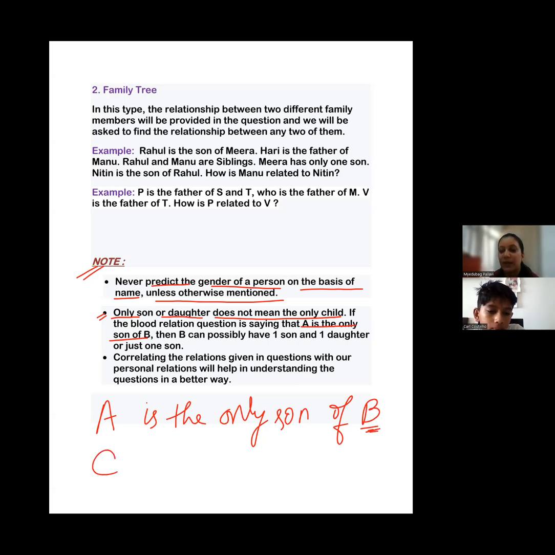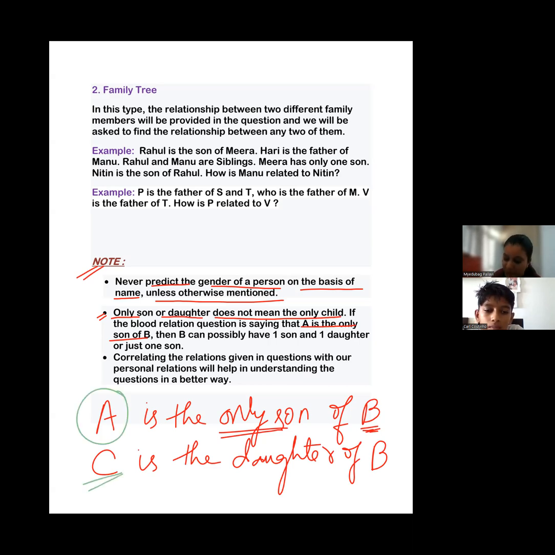C can also be the child of B, but it will not be a son, C will be a daughter. It means B has only one son, that is A. The other one can be a daughter also, or two or three or however many children we can have.